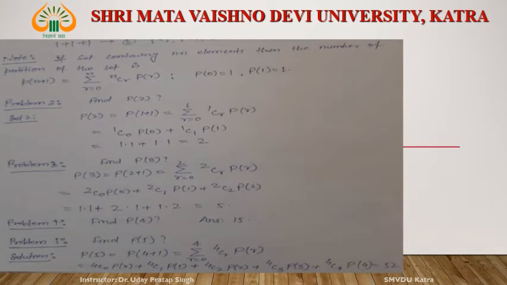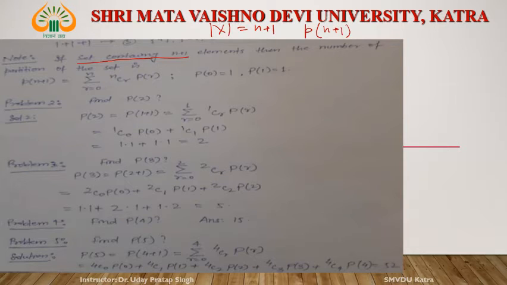Now, see the general formula. For a set capital X whose cardinality is n plus 1, the number of partitions is denoted by P of n plus 1.